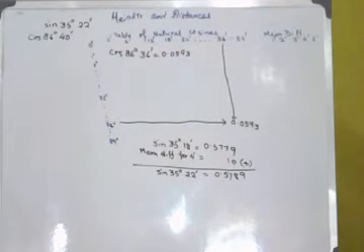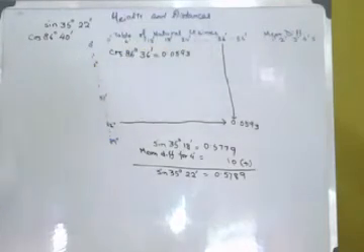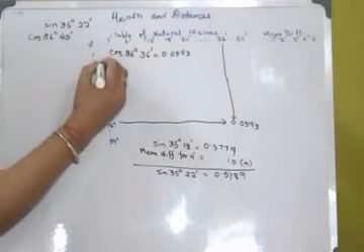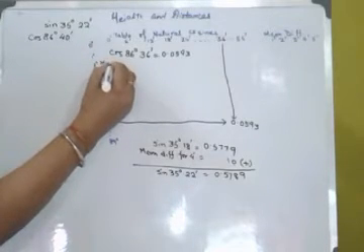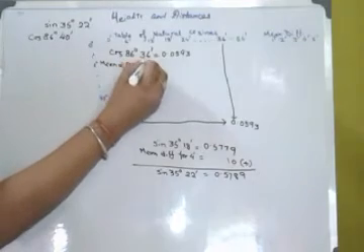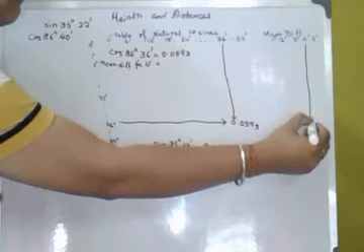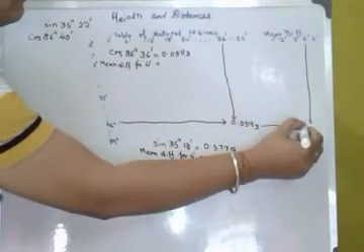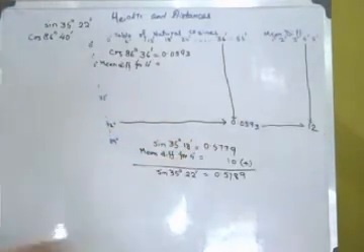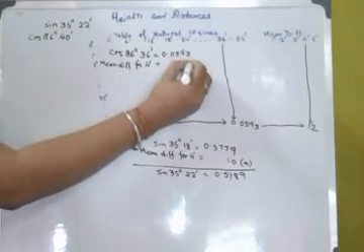Now here 40 minutes, here 36 minutes. 40 is not a multiple of 6. So the mean difference for 4 minutes, suppose for 4 minutes the mean difference is 12. So write 12 here.